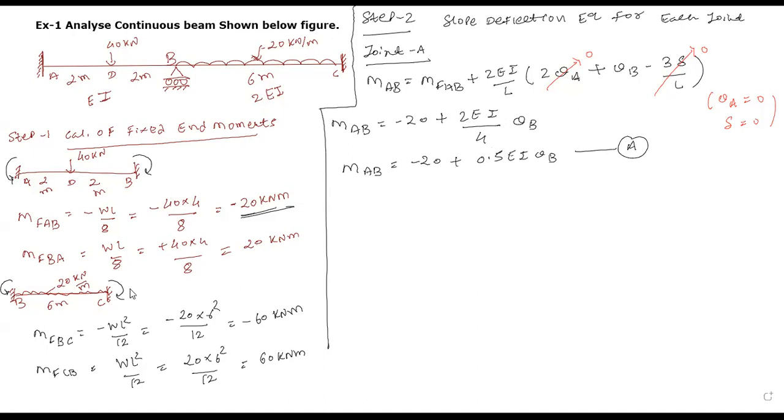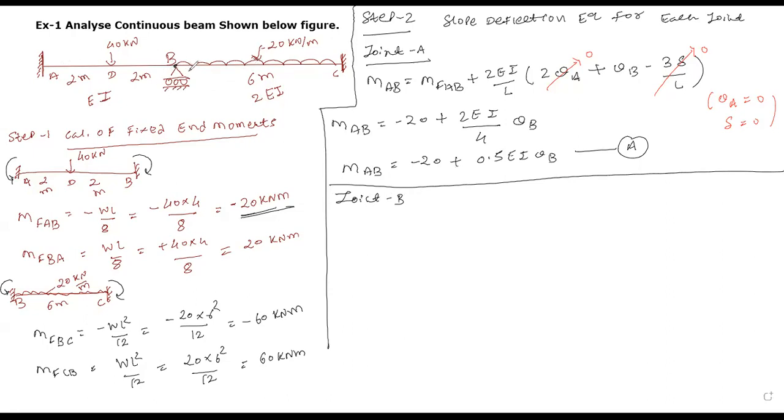Fine. Similarly, now at joint B, we will write the equation for joint B. For joint B, we have two members, MBA and MBC.